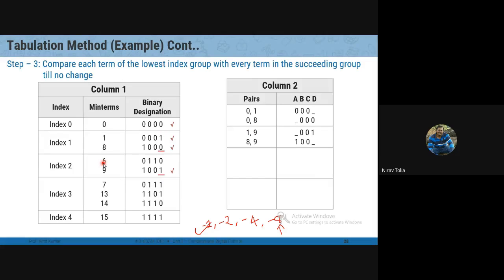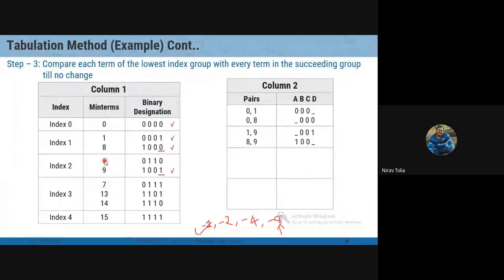Then 8 minus 6, answer is plus 2. What should my answer be? Minus 1, minus 2, minus 4 or minus 8, then and only then the pair is possible. So 8 and 6 is not possible. Then 8 minus 9, minus 1, pair is possible.